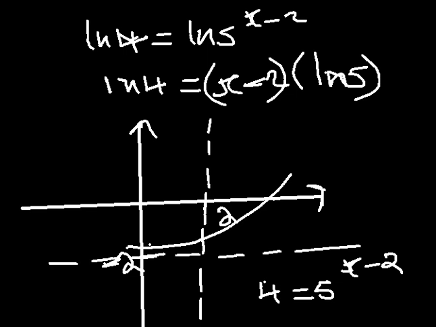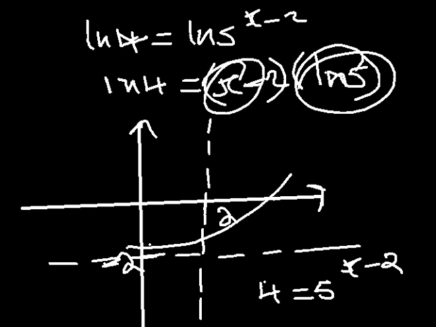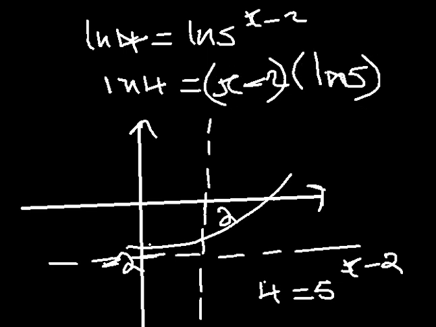Then we'll have to expand upon distributing ln 5 all over, then solve for x. That one will be the x-intercept, and that corresponds to this point. So keep that in mind.